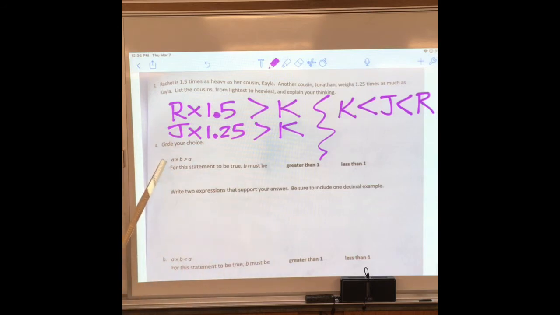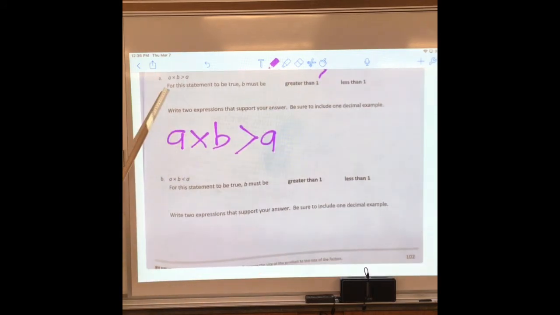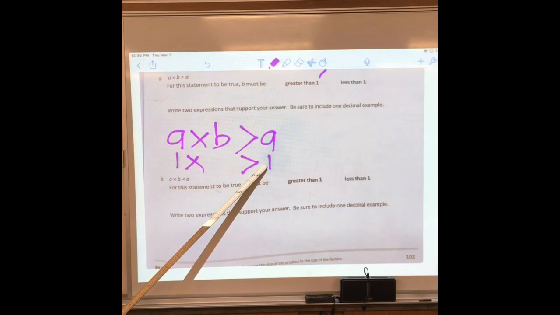Now let's do this one. A times B is greater than A. Okay? So I'm just going to do it down here just so we can see it. Here's our problem. So let's just say I put a number in here. Let's say I put 1 as my A. So I could put a 1 under here too, right? Now if this is going to be greater, what would we have to multiply the 1 by to be greater than this? Yeah, good job.